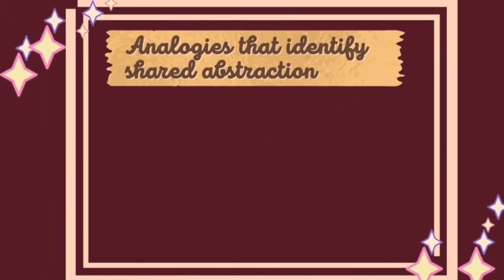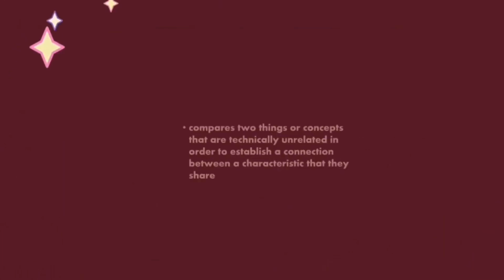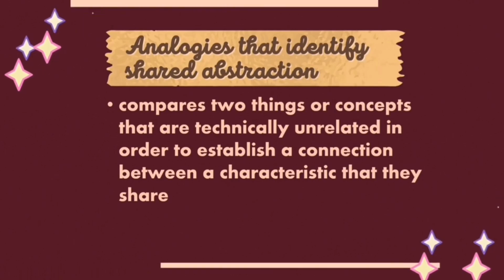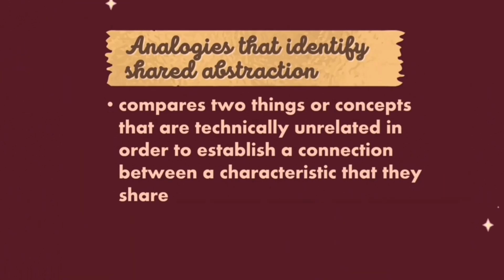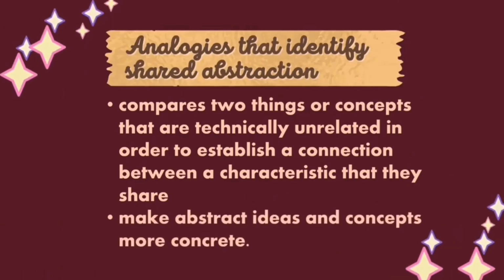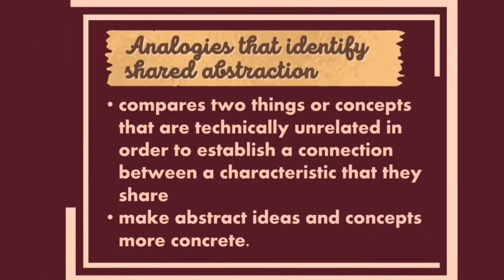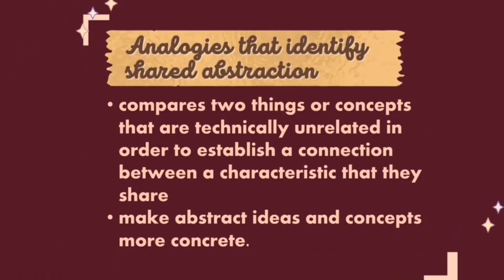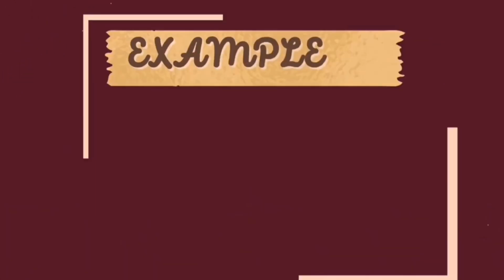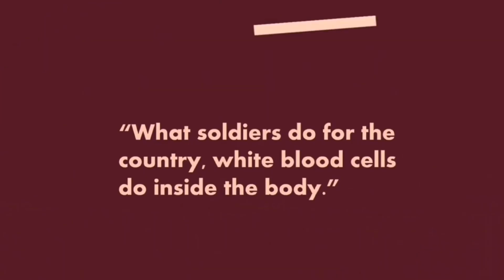We also have here the second type of analogies, the analogies that identify shared abstraction. This form of analogy compares two things or concepts that are technically unrelated in order to establish a connection between a characteristic that they share. This type is common and useful in writing because it can make abstract ideas and concepts more concrete.